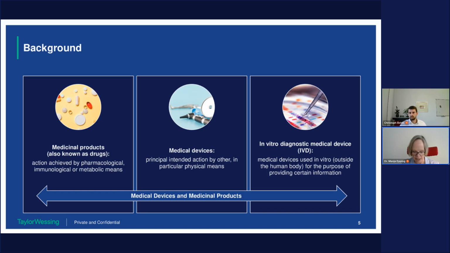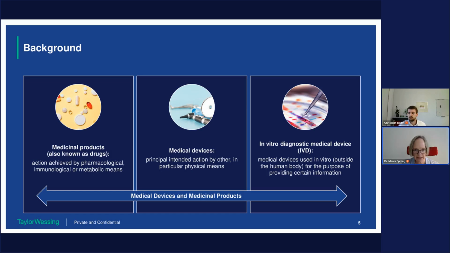They have something in common, and that's that they are both designated for diagnosis or treatment of diseases or monitoring of diseases. So that's the common part, but there's also a different part, and this is the mode of action.